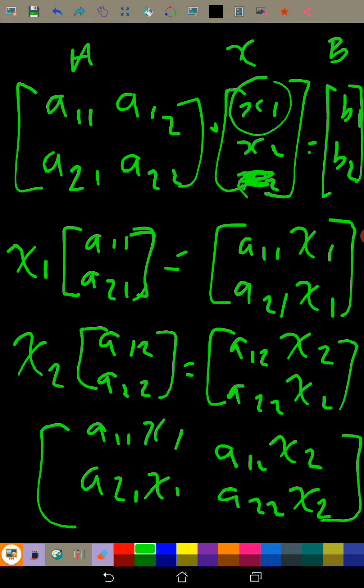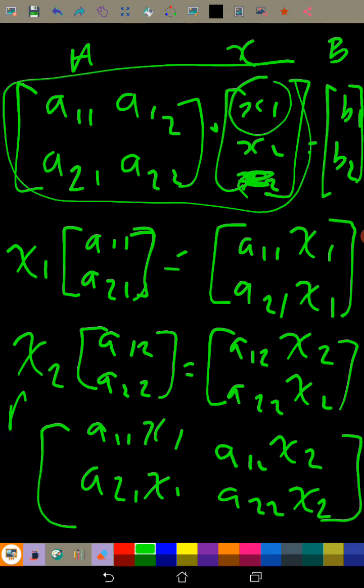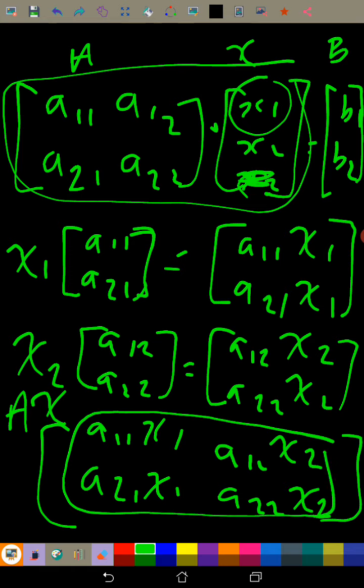So you have done the multiplication, Ax, and you see this is done. This is now just the coefficients and the unknowns. If you want to include the results here, you just put them here. You don't multiply.